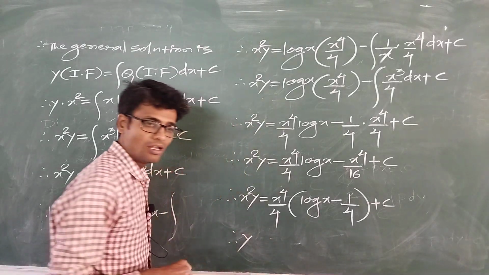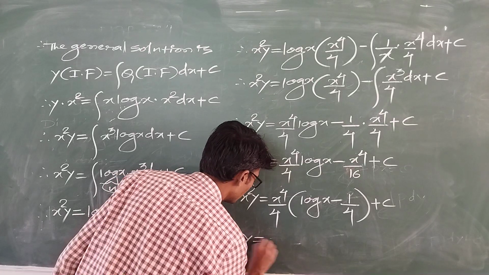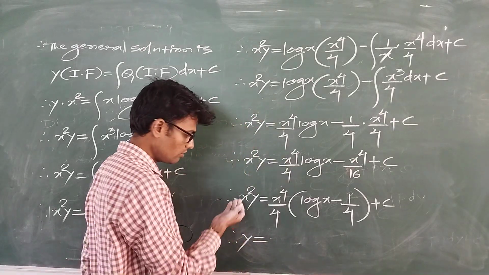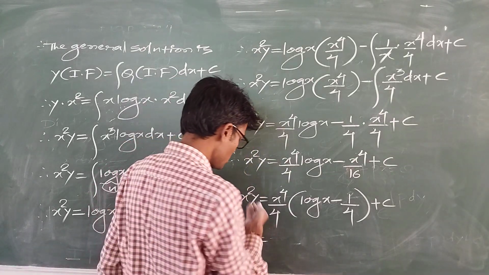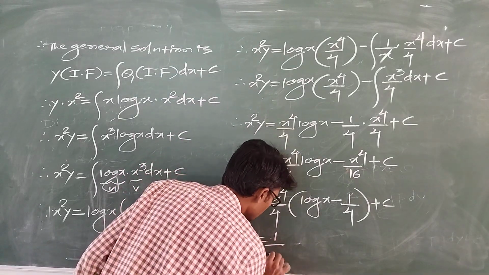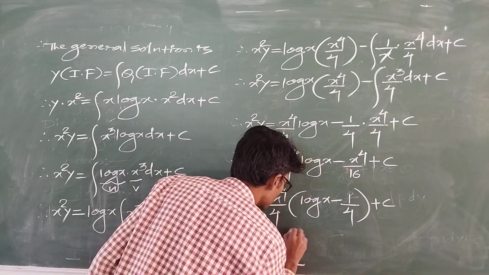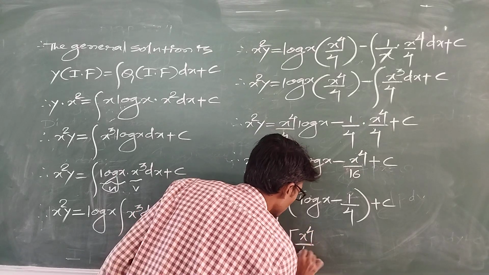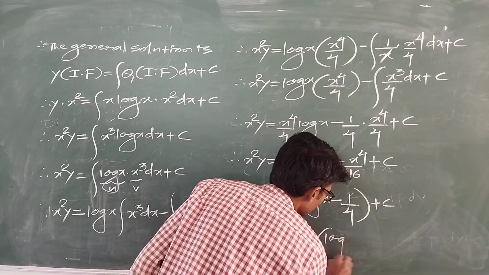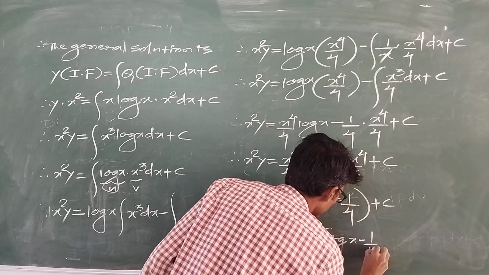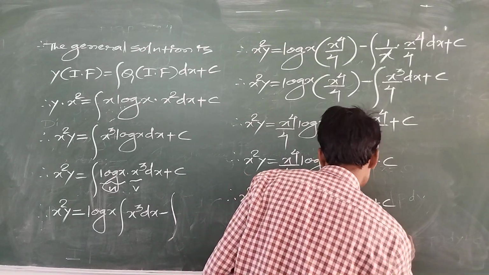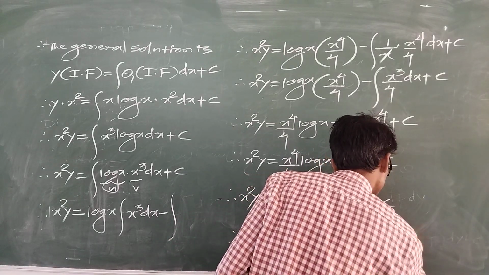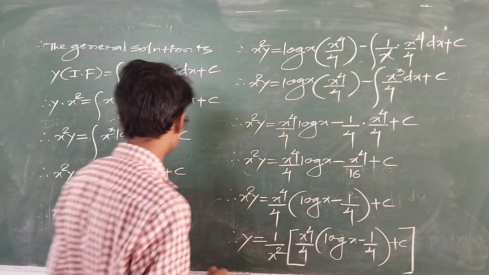So therefore I will write y is equal to, you take x square to this side, it becomes 1 by x square. Next I will write x raised to 4 by 4, inside the bracket log x minus 1 by 4, plus c, square bracket complete.